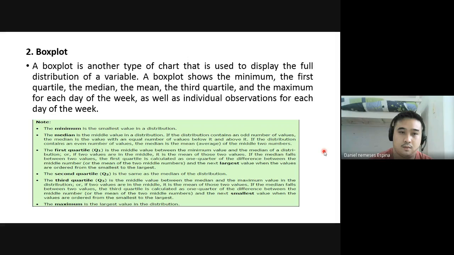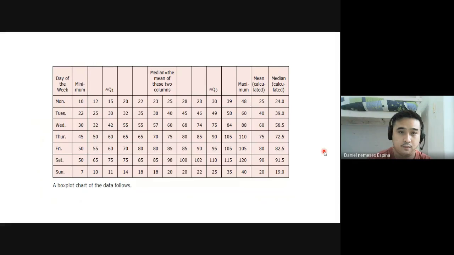Let me show you what a box plot looks like. Here is the table, with the minimum sales. There are 12 weeks. The first quartile is, 12 divided by 4, so there are 4 quartiles. The first 3 weeks is the first quartile.